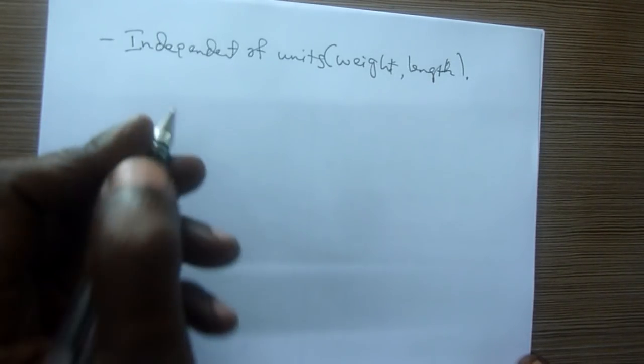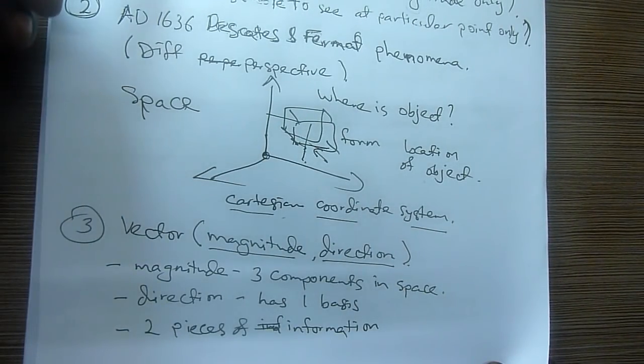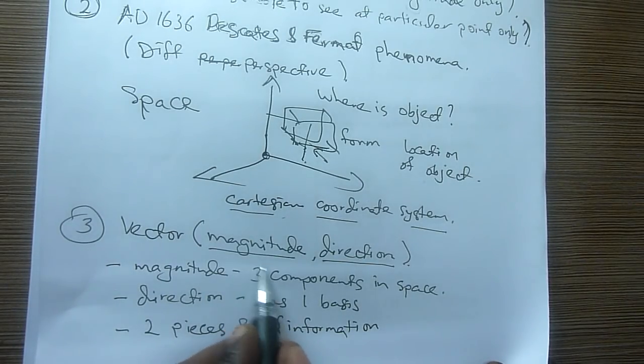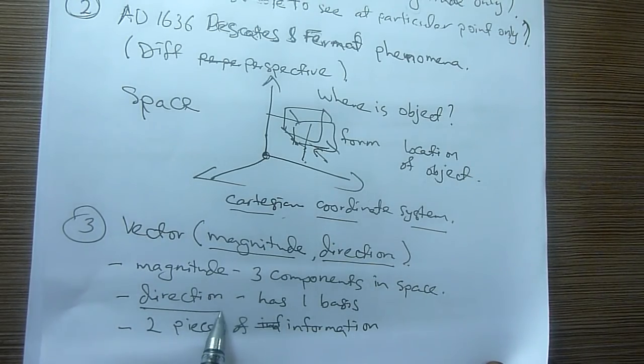One, we combine the three magnitudes, the detail of the scalar, into three components in space, and it adds one more component called direction.